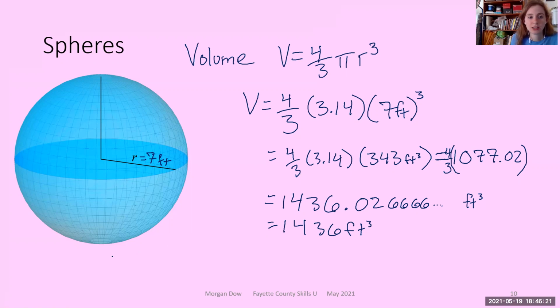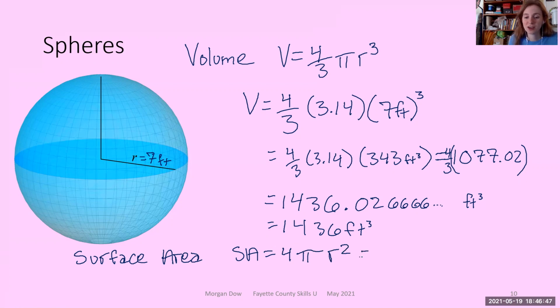And then finally, let's do surface area of a sphere, our last geometry formula. This is actually a relatively simple formula, I think, compared to the other ones we've seen. The surface area of a sphere is 4 times pi times the radius squared. So for this particular sphere, it's going to be 4 times 3.14 times 7 feet squared. 7 feet squared is going to be 49, right? 7 times 7 is 49.